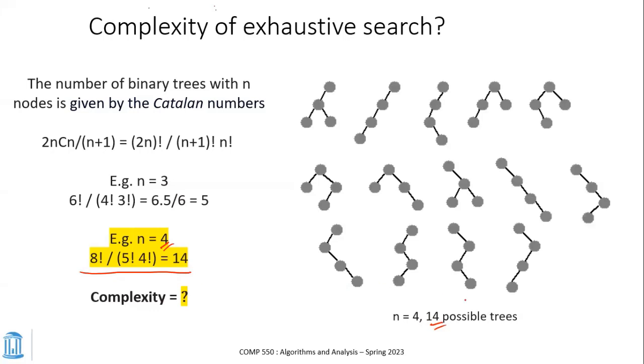And as n becomes larger and larger, the complexity of this is exponential. In fact, the lower bound is known to be given by this horrendous looking equation, which is 4 to the power n divided by n to the power 3/2. I don't know how they got that, but that's supposed to be a lower bound on this equation.